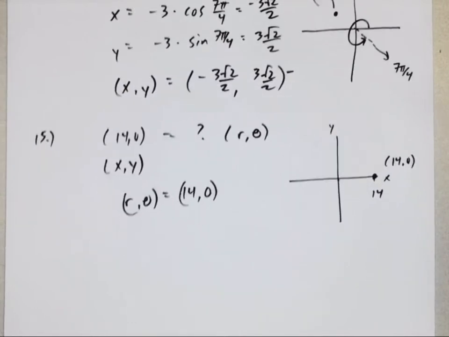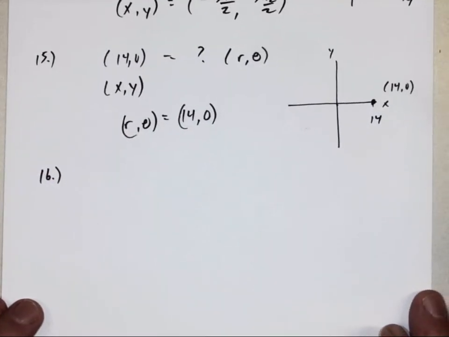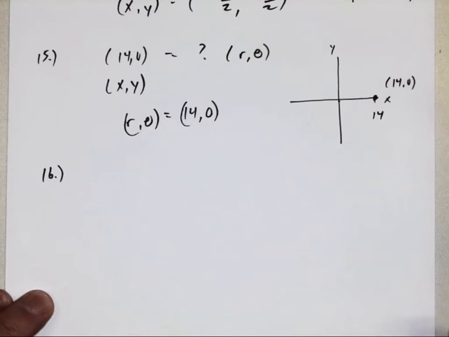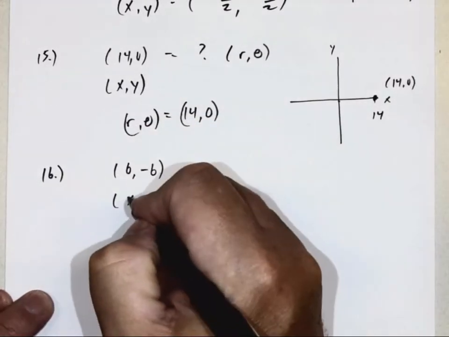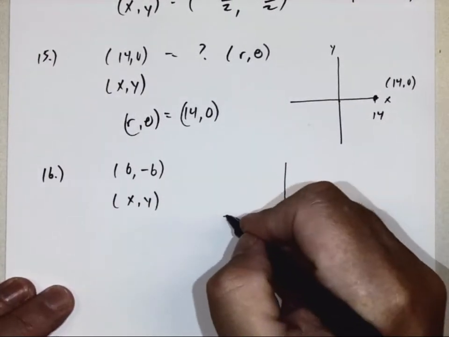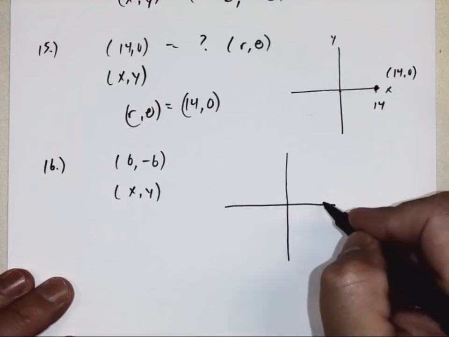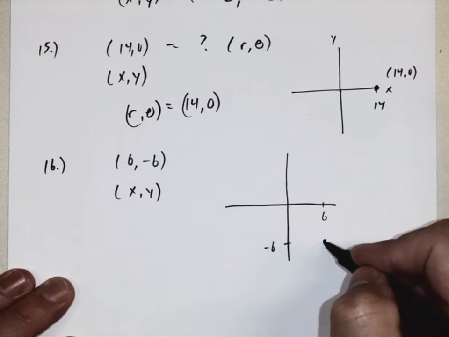Now the last one, 16. The rectangular coordinates of a point are given. Find polar coordinates of the point. All right, so they give us a rectangular coordinate. If I were to graph that, it always helps to graph. 6, -6.